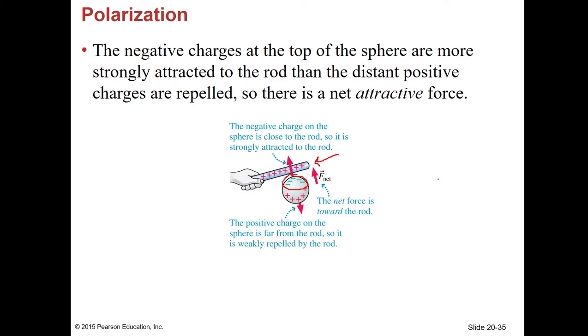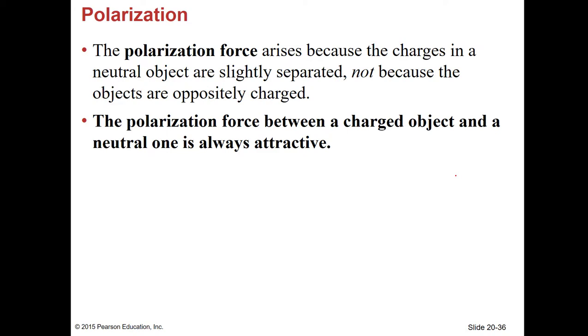So there's a net force on the sphere upward. This vector is bigger than this vector. So the polarization force arises because the charges in the neutral object are spread apart, and as you can see from the picture, closer means greater force. Okay, so whenever you have polarization like this, you have an attractive force.